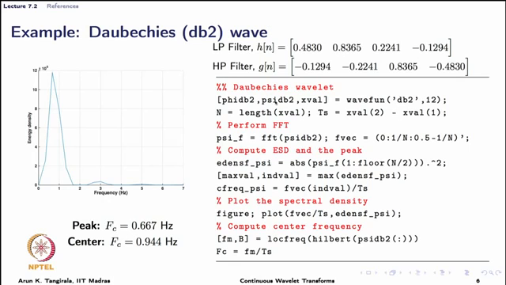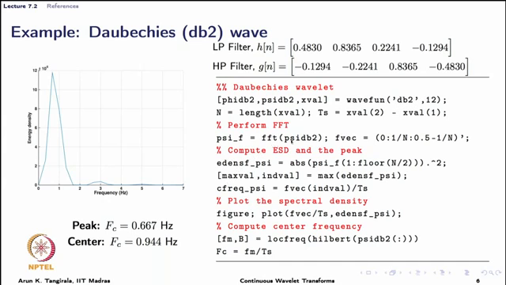Of interest to us is this psi dB2, and once again I either compute the center frequency or the peak frequency, knowing very well of course that the center frequency is more appropriate. For comparison purposes, I compute both.